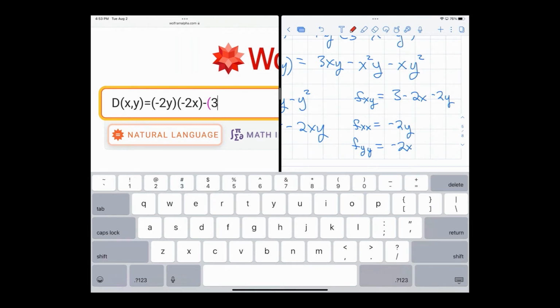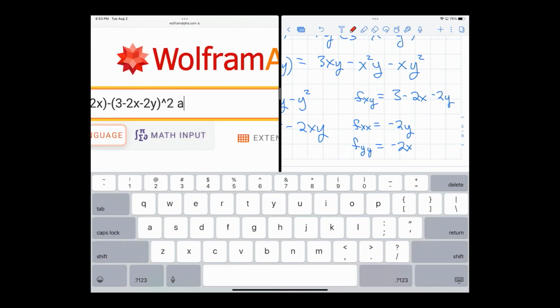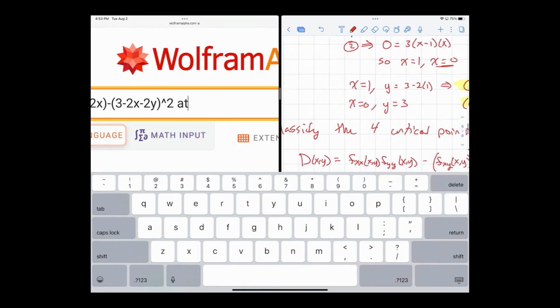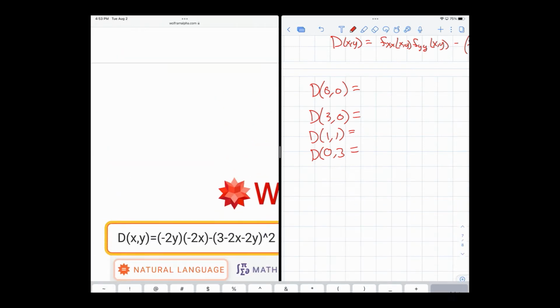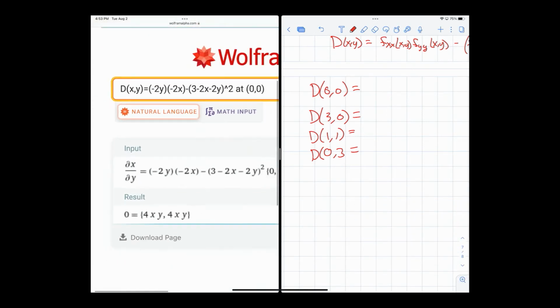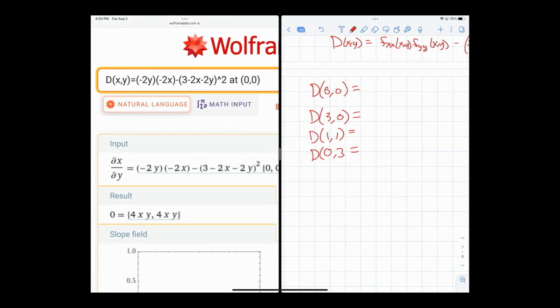So parentheses, 3 minus 2x minus 2x minus 2, 3 minus 2x minus 2y quantity squared at, and then we can just type them in. I'll try just as ordered pairs first, just to see if it understands that, because if so, I would be happy. Does not.